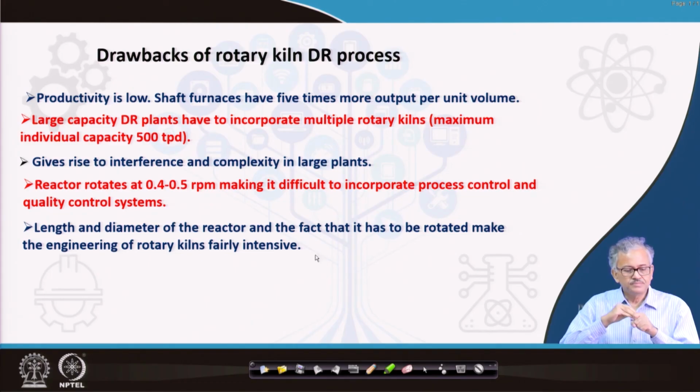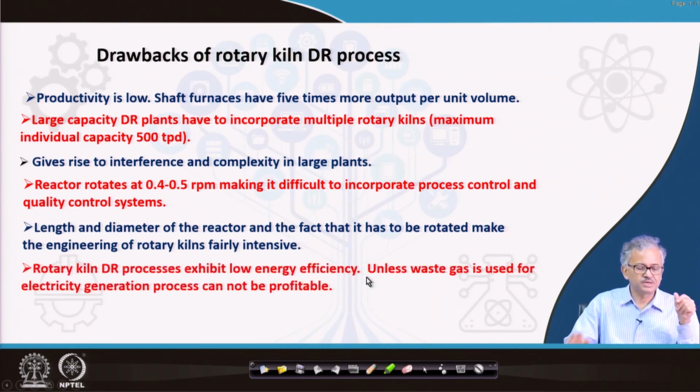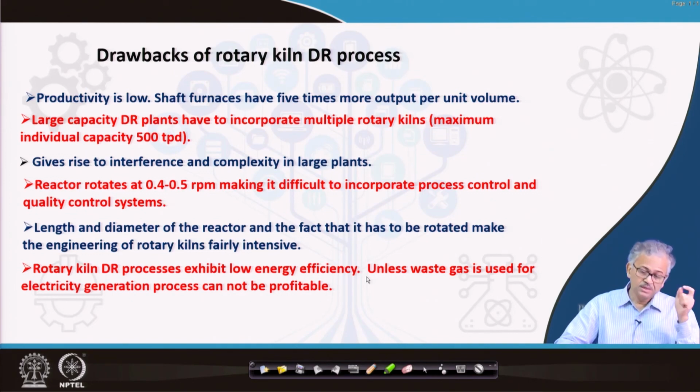So instrumentation of such a furnace becomes difficult, and the quality control system also suffers. The engineering of a rotary kiln is fairly intensive because of the rotation and the length and diameter of the reactor.